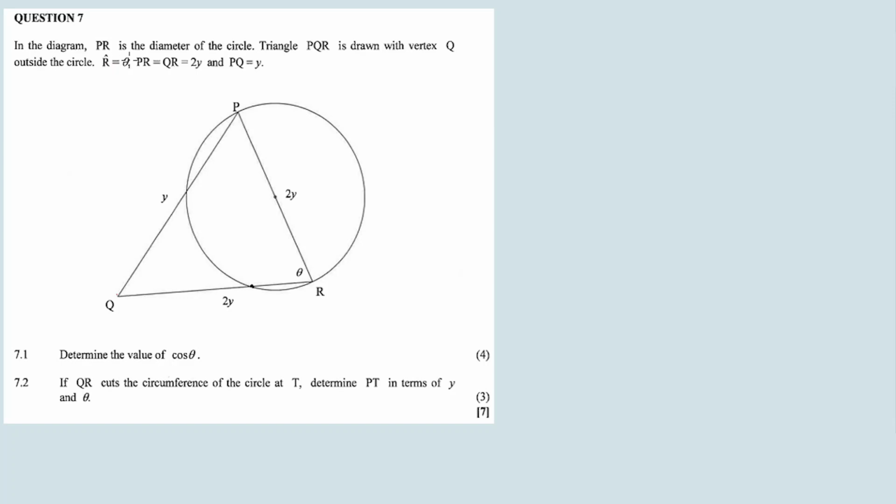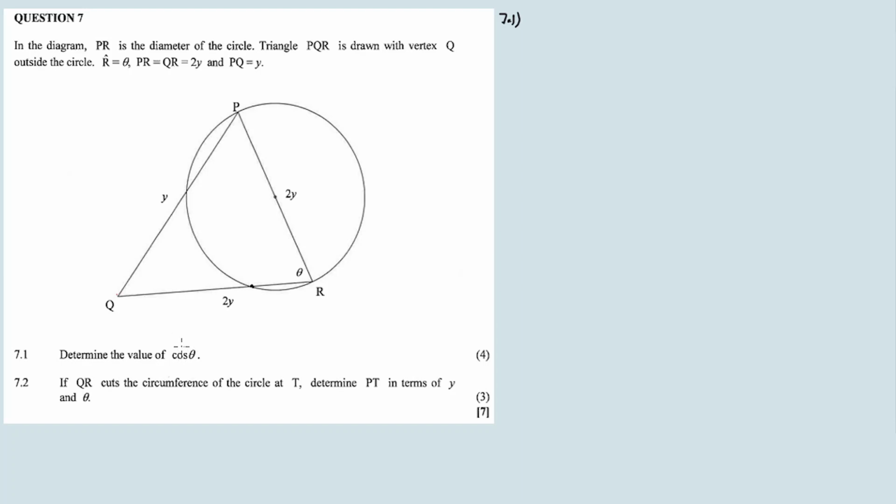Angle R is equal to theta, and PR is equal to QR, which is 2y. So the lengths of the sides of the triangle are expressed in terms of y. And then PQ is equal to y.